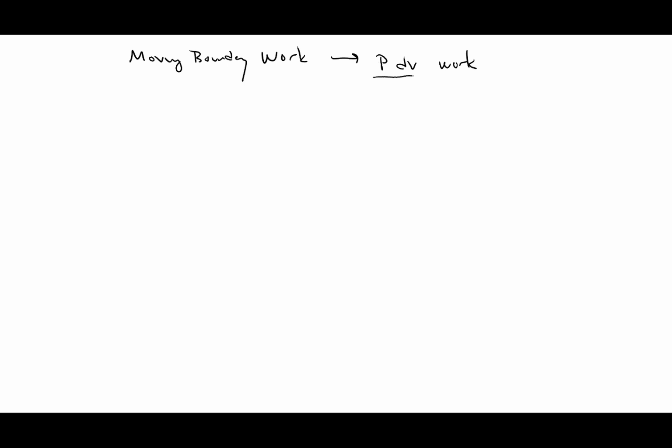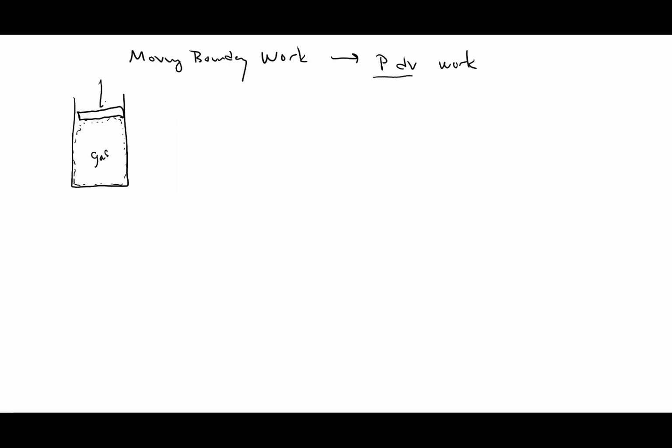And so what this is, let's say that we have a piston cylinder and we have some gas in here, and let's say that this is our system boundary here, this dotted line, and this goes all the way up to the piston. So let me redraw this up here.